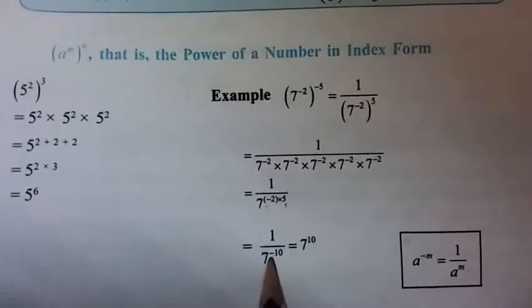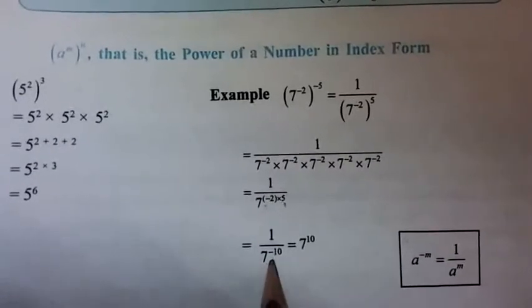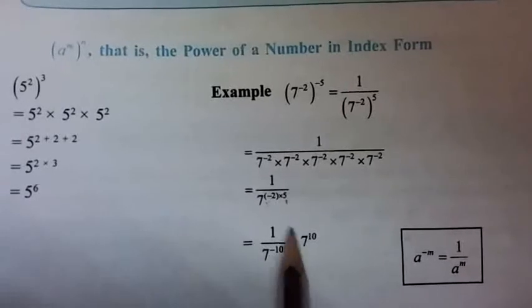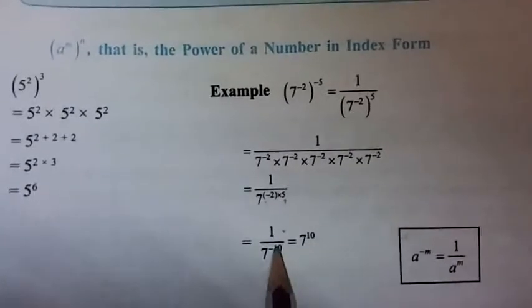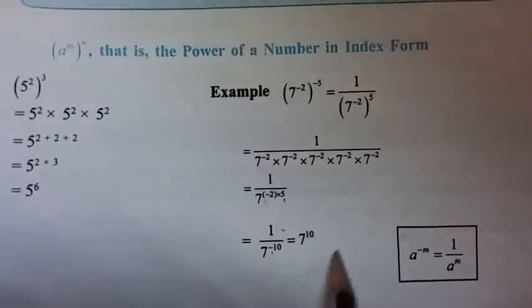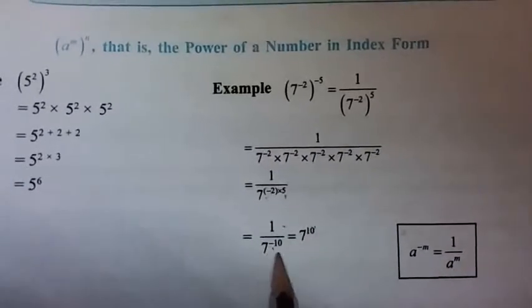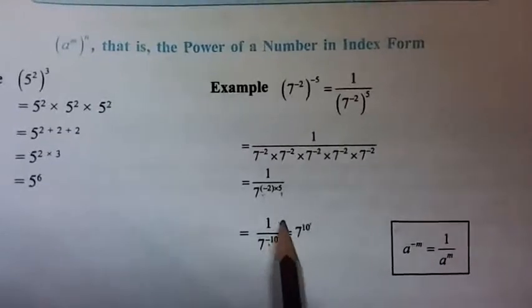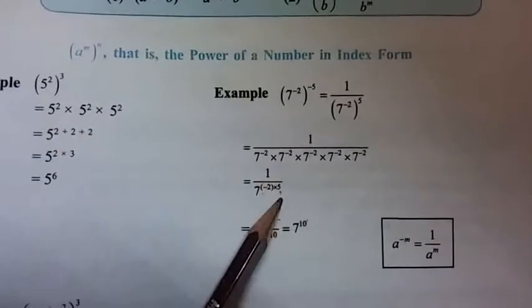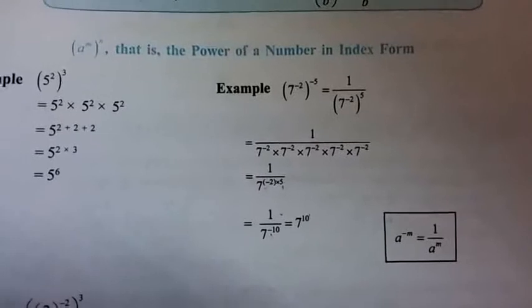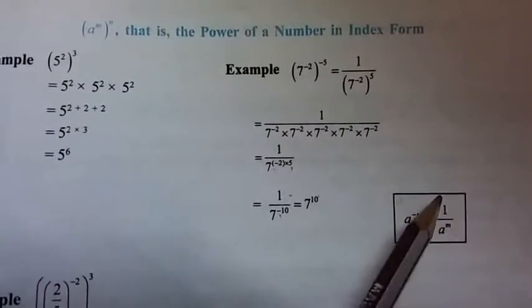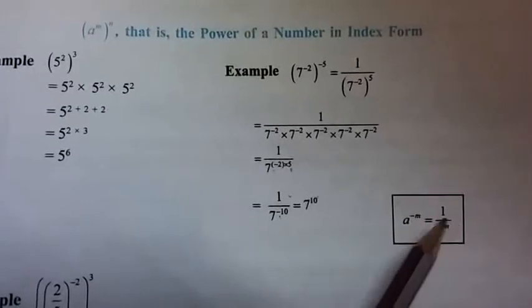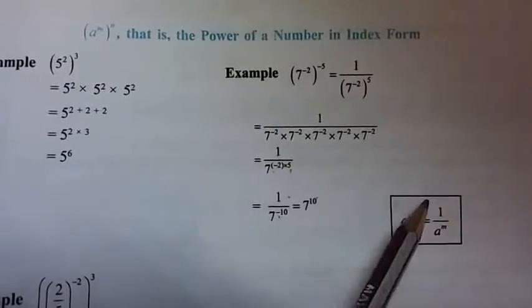Now this 7 raised to minus 10, we are taking this term up, then your answer is 7 raised to 10. A negative index converts into a positive index when we take the term to the numerator. Means from this example we get a raised to minus m is equal to 1 upon a raised to m.